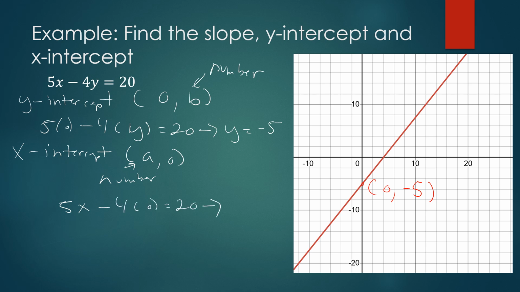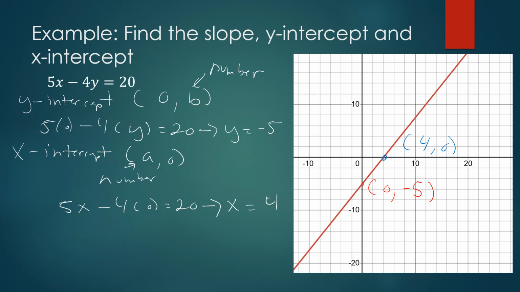That implies that x is 4. On the graph, we have the ordered pair 4, 0. The y-intercept is the ordered pair 0, negative 5, and the x-intercept is the ordered pair 4, 0. Please note that if we're asking for the intercepts, they are ordered pairs, not values.